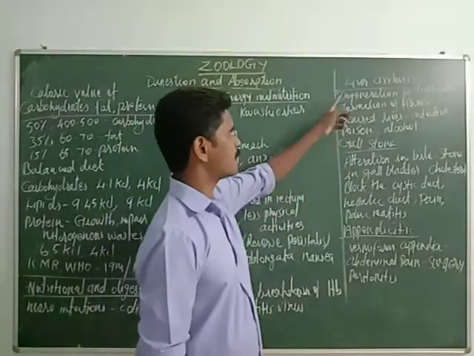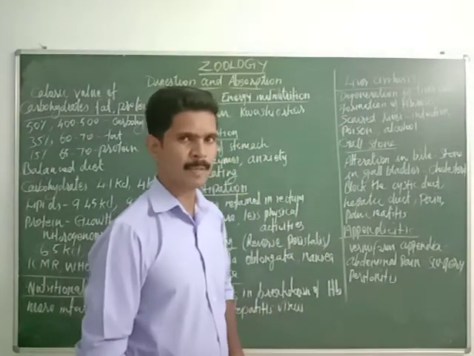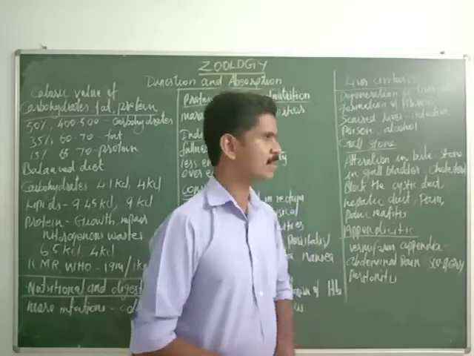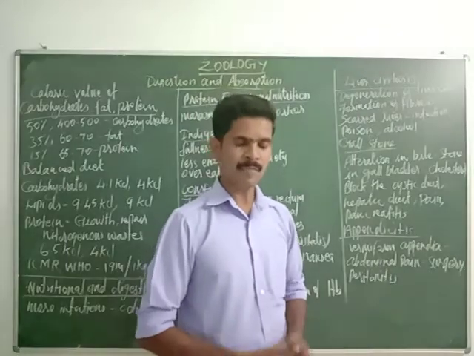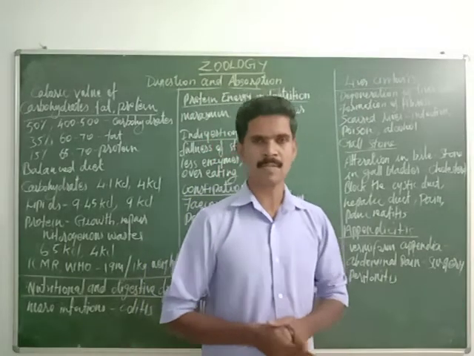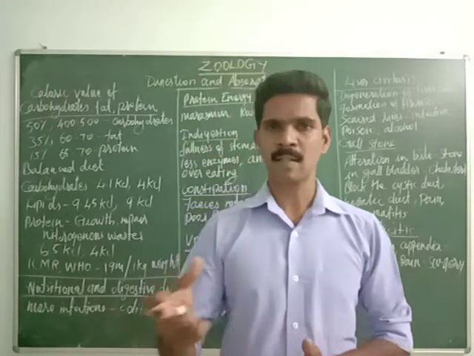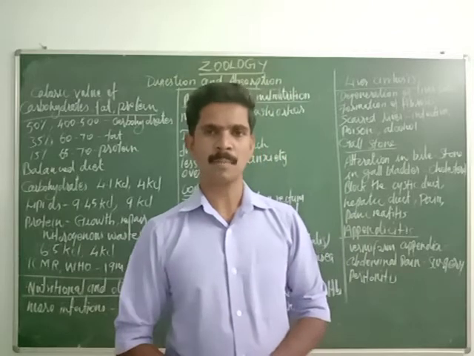The next disease is liver cirrhosis. Liver cirrhosis means destruction of liver cells. Understand? If anyone is affected with liver cirrhosis, in their body the blood vessels are in abnormal condition, and the bile ducts are also in abnormal condition.